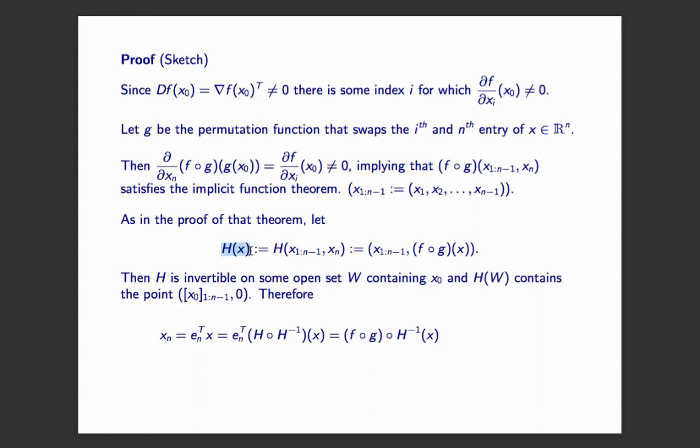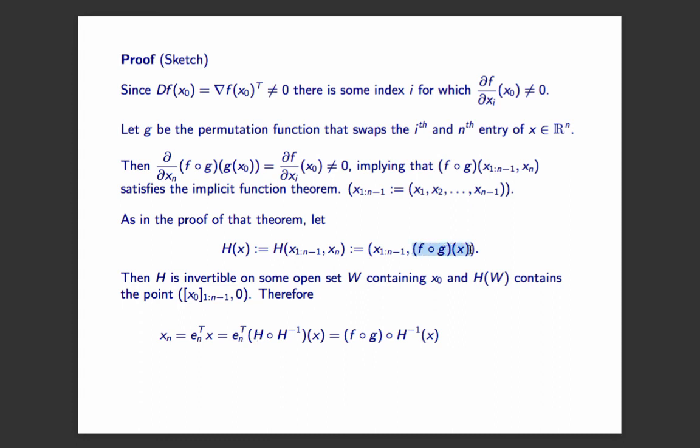Well, h of some argument leaves all first n minus 1 entries alone, and it does this to the last entry. And en transpose, right, has the function of extracting the last entry. So en transpose of h is just f composed g of x with h inverse of x, which is how I get this expression, right? Because en transpose extracts the last entry of what h does.